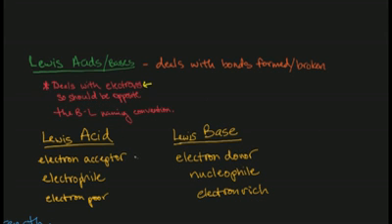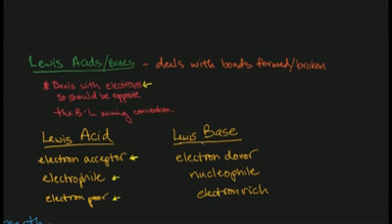If it's accepting the electrons, it's an acid, and it's usually electron poor, that's why it's accepting them, and we call such species that are electron poor electrophiles. This term will be used a lot later on in your study of organic chemistry if you get that far, when we deal with nucleophilic and electrophilic reactions.